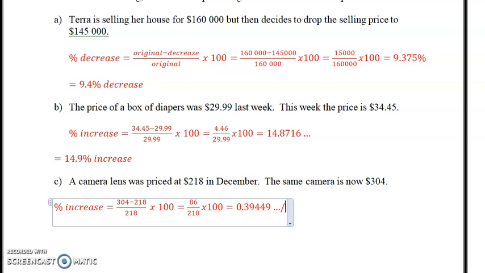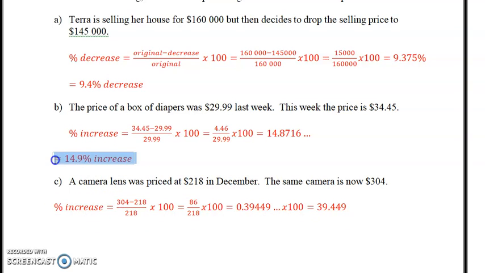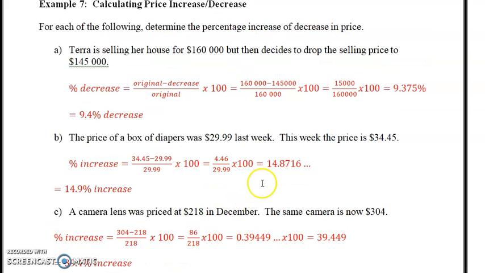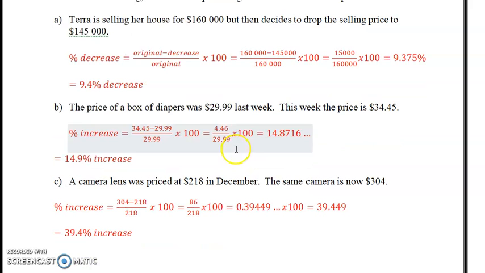They multiply that by 100, and that's going to equal 39.449. So the price increase is equal to, and we'll just leave it as a 4, so it'll be 39.4% increase. So that's how you calculate the price of an increase or decrease.